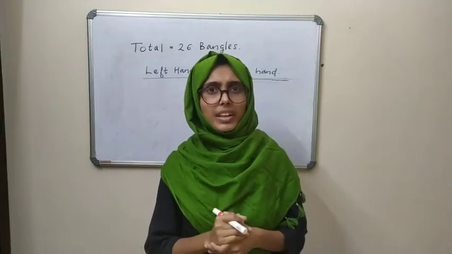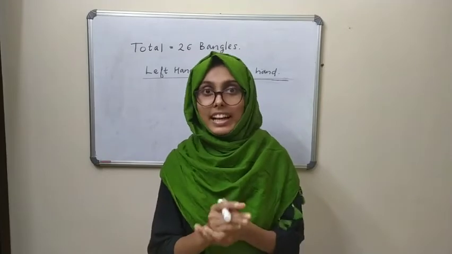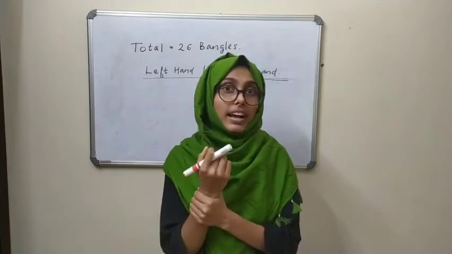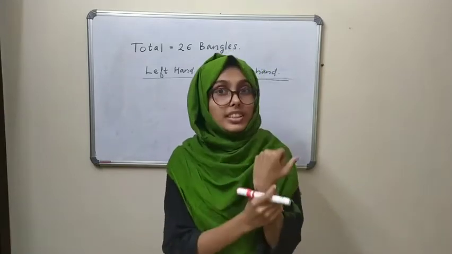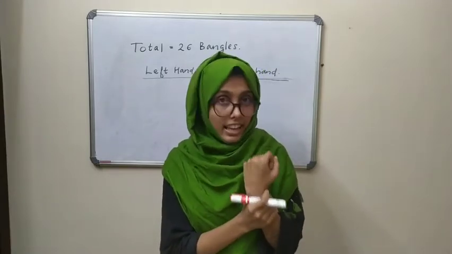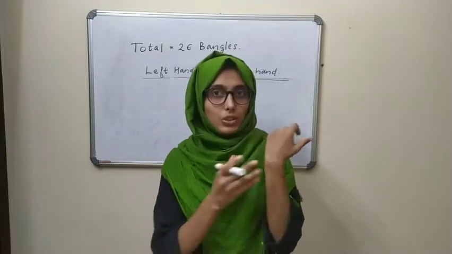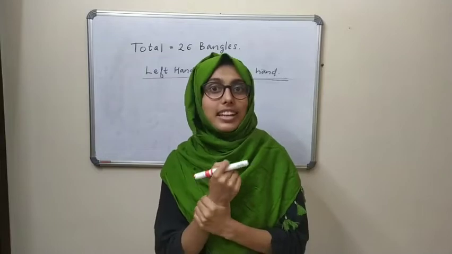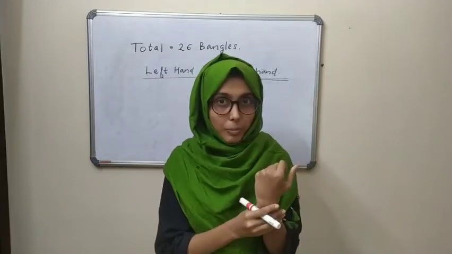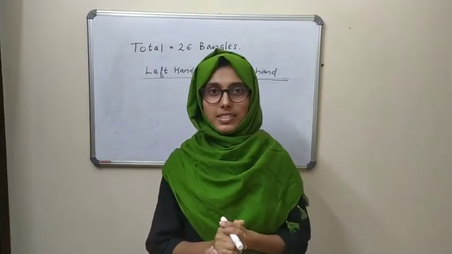Is there any other way? Yeah, she can wear 2 bangles in the right hand and the other 24 bangles in the left hand, isn't it? So 24 in the left hand and 2 bangles in the right hand. That means 24 plus 2, 26 bangles.